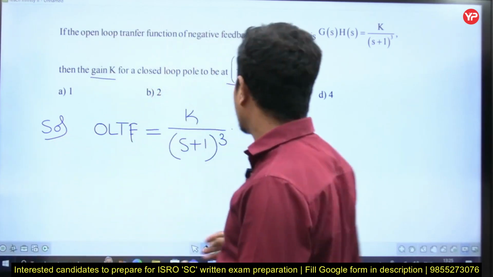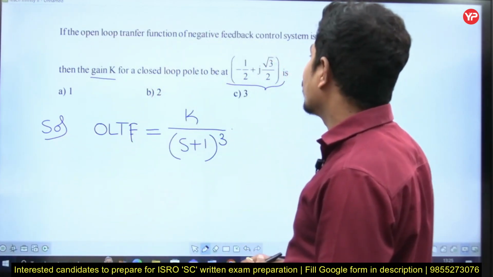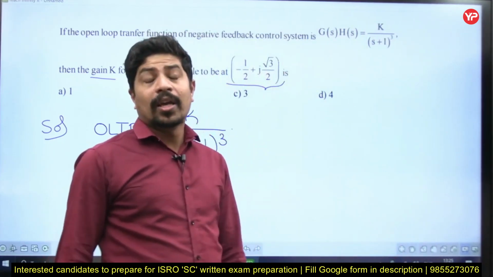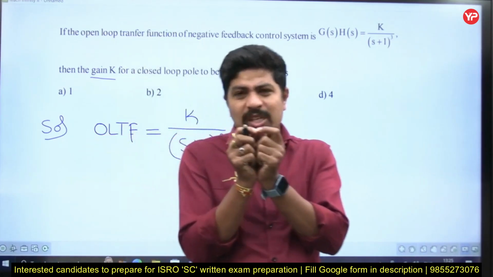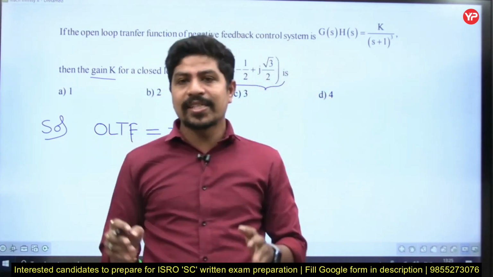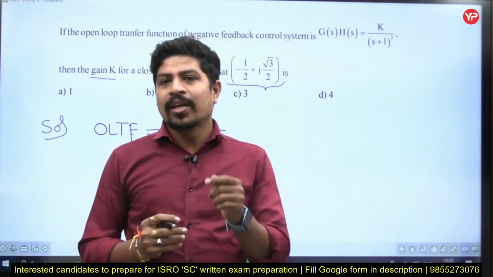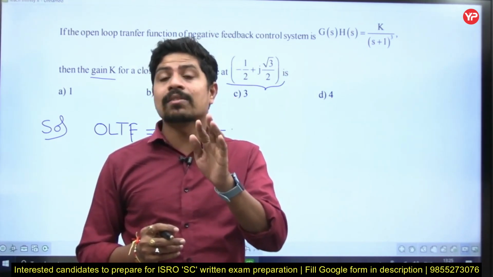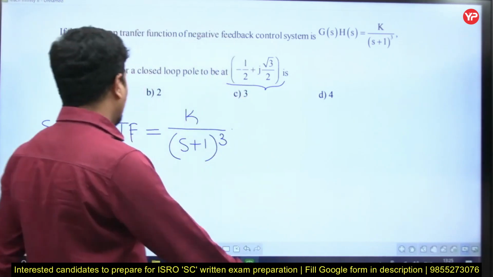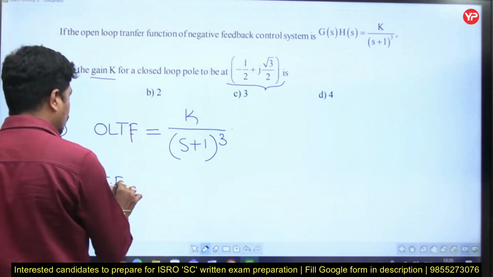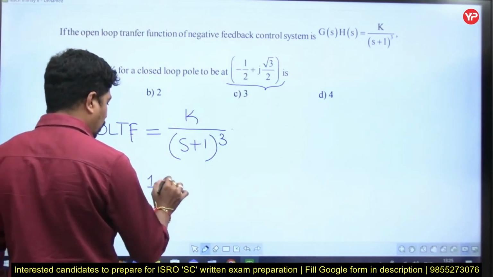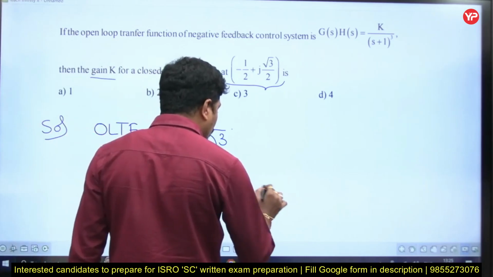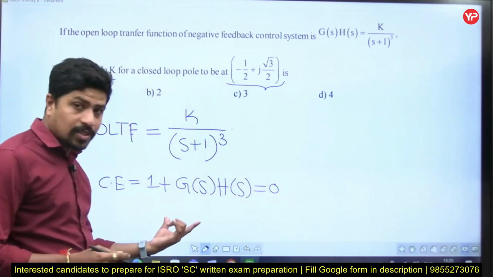He is asking for what value of K the closed loop pole will be at -1/2 + j√3/2. If any s value is a pole of a particular system or transfer function, then if you substitute that s value in the characteristic equation, the characteristic equation has to be satisfied. What is the characteristic equation?